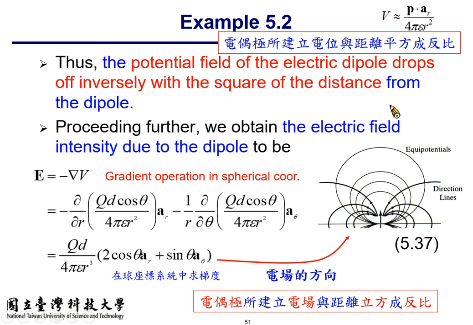So you have no phi dependence in this expression. Of course, if you place it horizontally, you would have a phi expression. But why make trouble for yourself? So place it on the z-axis, and it is axially symmetric. So as you can see, the electrical field intensity also depends on the theta coordinate. It's stronger on the top and weaker on the side.